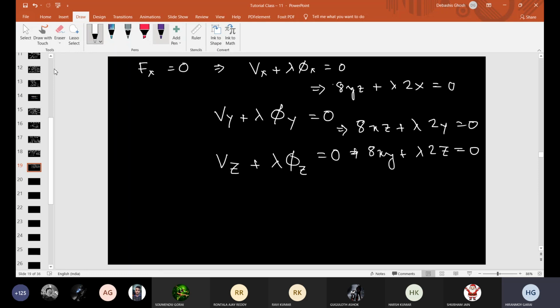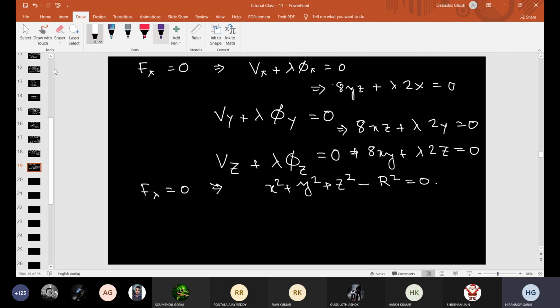Another one is F lambda equals 0, which gives phi of x, y, z equals 0, that is x square plus y square plus z square minus r square equals 0.